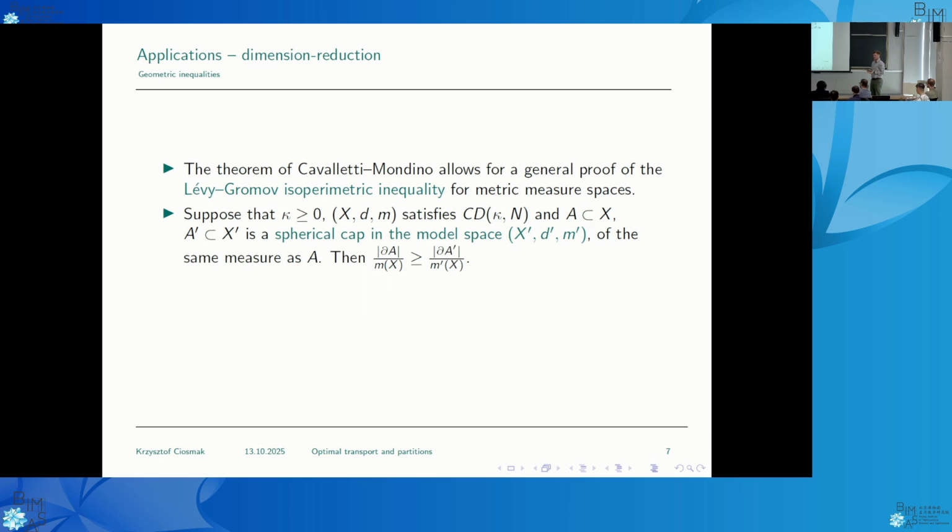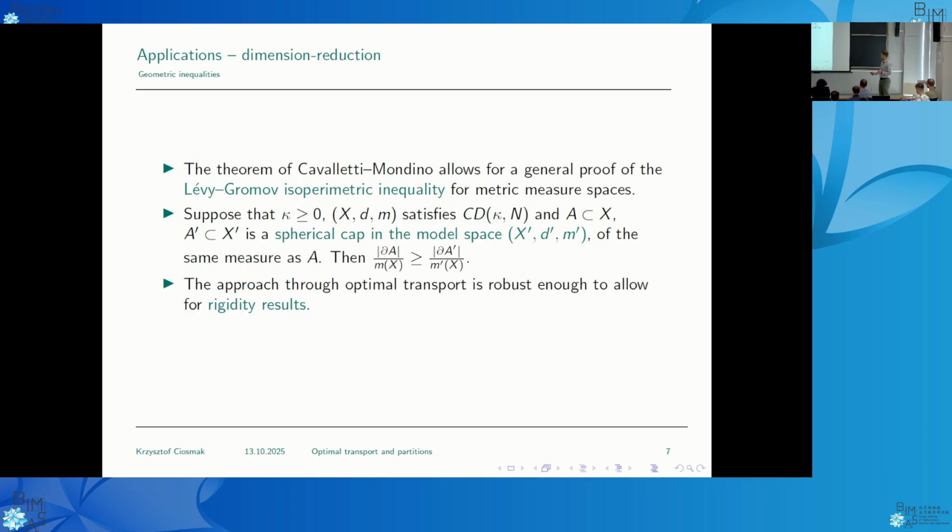We look at the sphere of this constant curvature and dimension n, and the spherical cap is just a spherical cap on the sphere. So we look at the spherical cap of the same measure as A, and then the Levy-Gromov isoperimetric inequality tells us that the surface area of the spherical cap is a lower bound for the surface area of our set A.